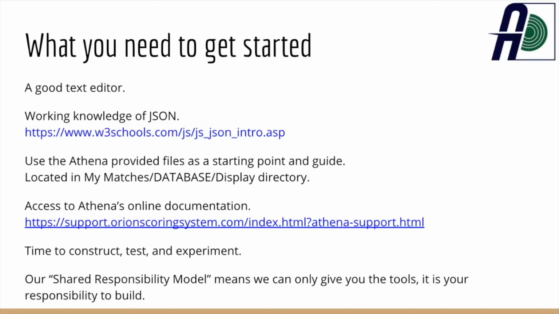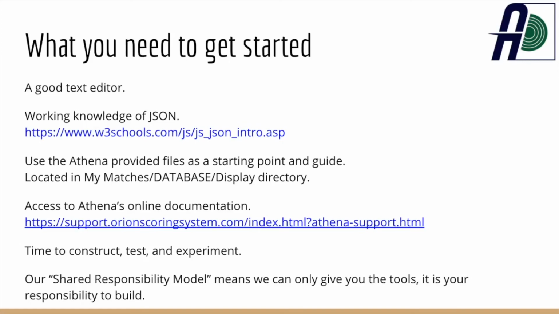I provided a link here to the website for W3 Schools that gives an introduction to JSON. After that, you probably want to study some of the existing view definition, view configuration, and event assignment files that we provide. Those are in the directories mymatches/database/display, and you see directories underneath there for those three different types of files.